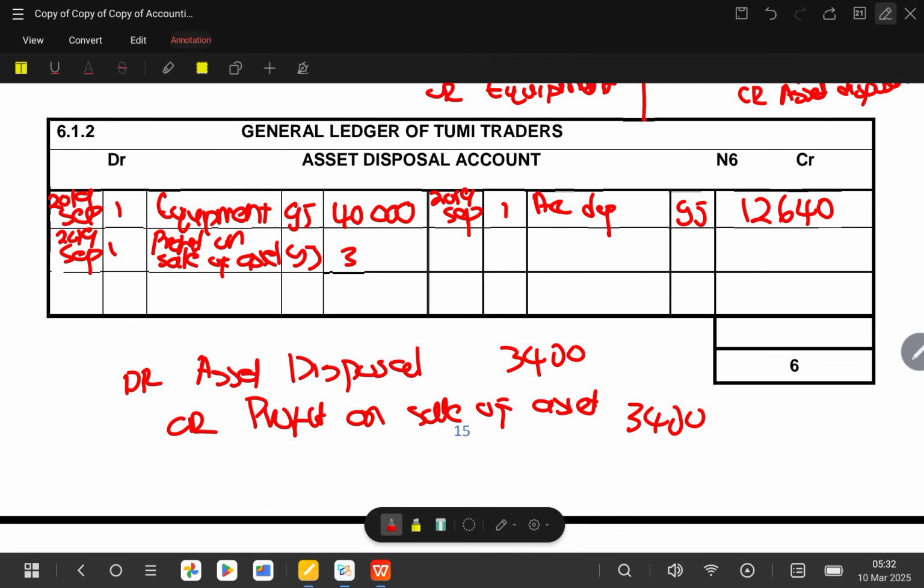So we're going to write that 3.4 here, and then it will tell us how much they got for that asset.